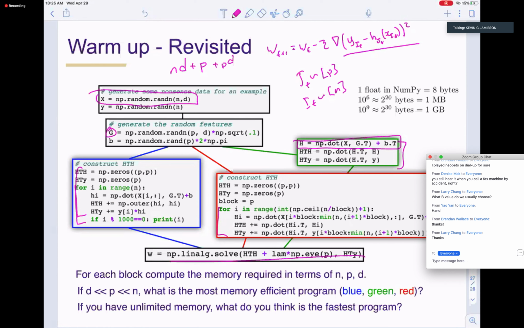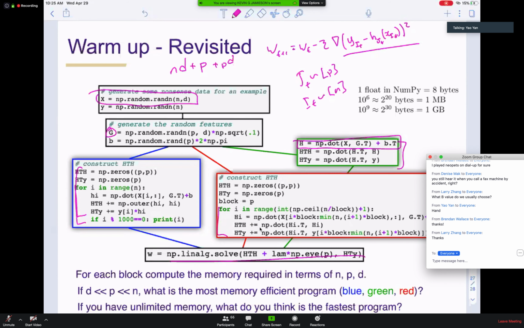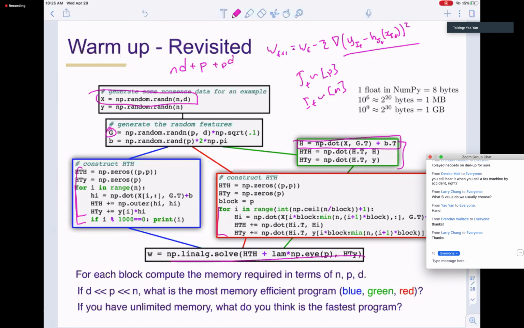Yao, you have a hand? Yeah, I have two questions related to stochastic gradient descent. The first one is about how you choose a batch. To my understanding, to choose a batch, we just randomly subsample some from the training data set.